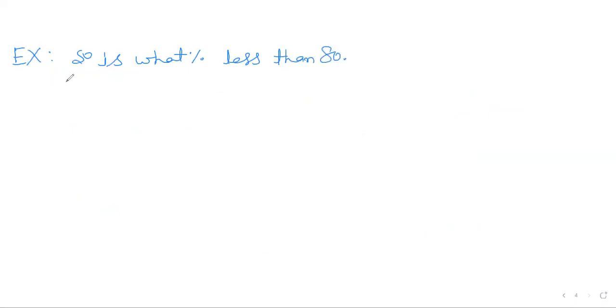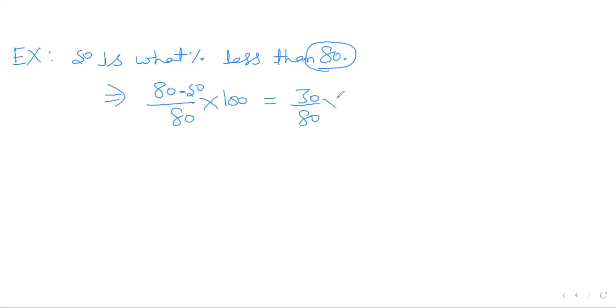So comparing the difference with respect to 80, 80 goes in the denominator, the difference goes in the numerator. 80 minus 50 upon 80 into 100. 30 upon 80 into 100. 3 upon 8 into 100.